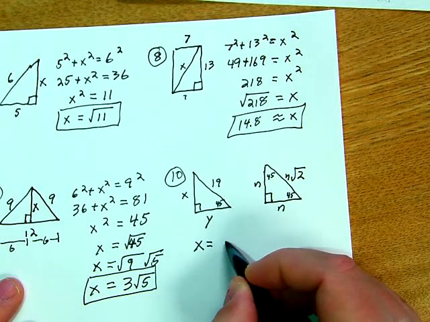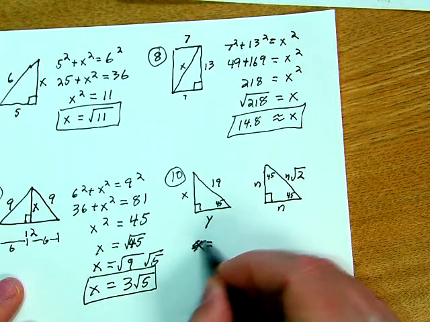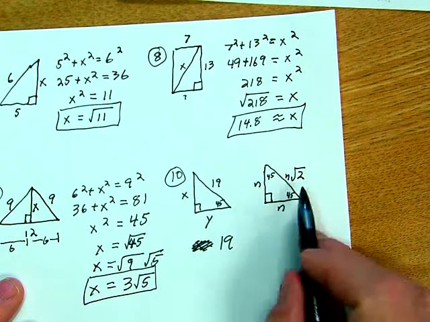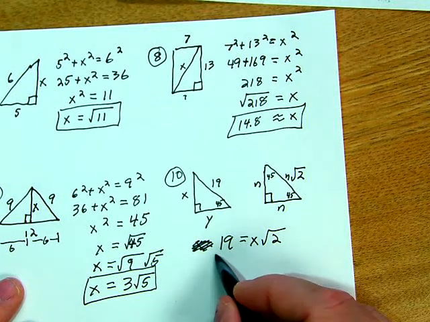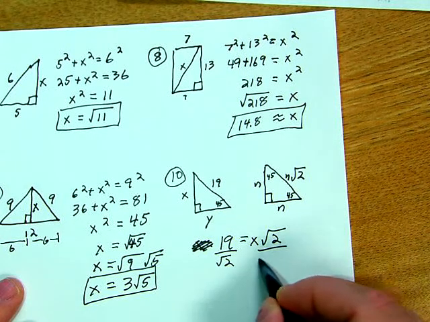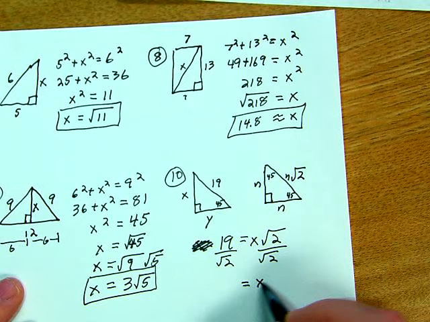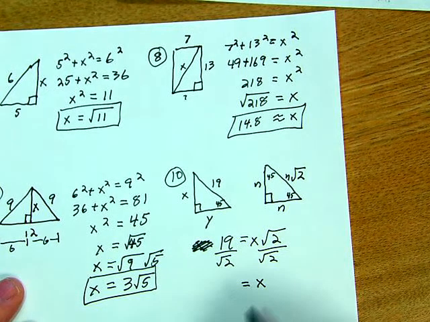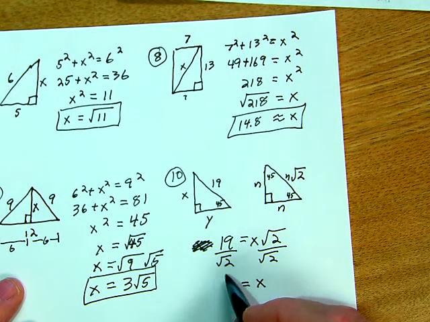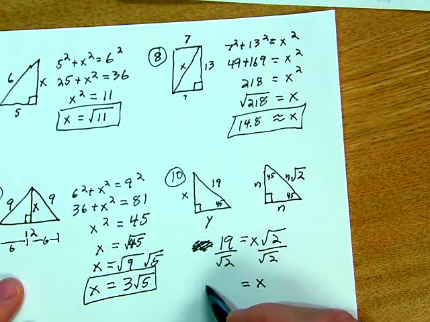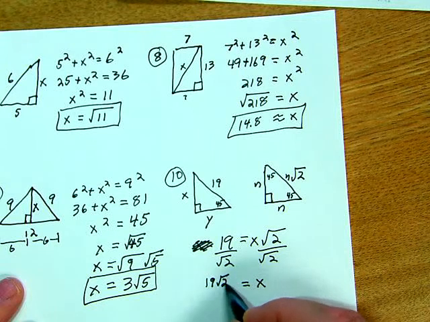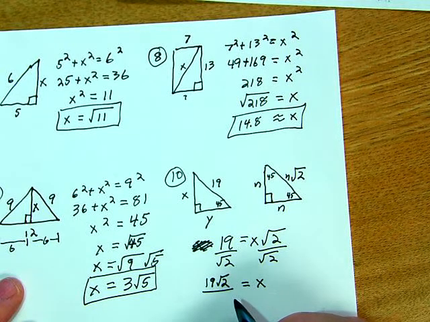So 19 right here is equal to x times the square root of 2. So we divide by the square root of 2. It cancels out on this side. We're left with x. But we can't have the square root of 2 on the bottom of the fraction, so we're going to multiply times the square root of 2 over square root of 2, and we get 19 times the square root of 2 all over 2.